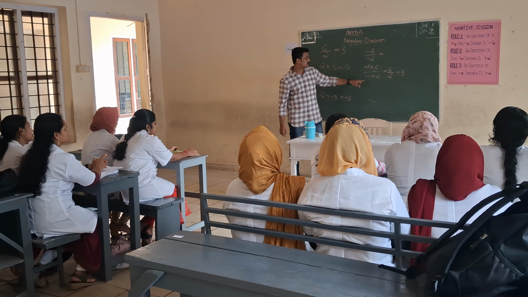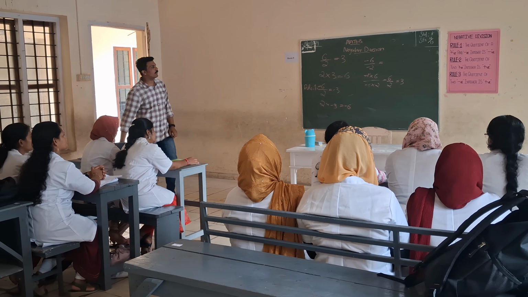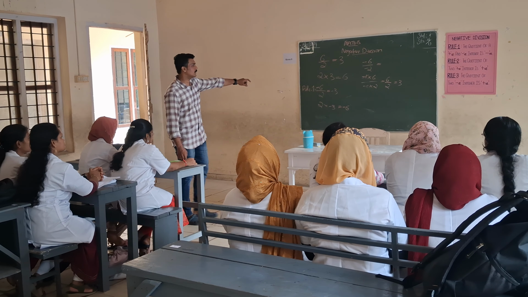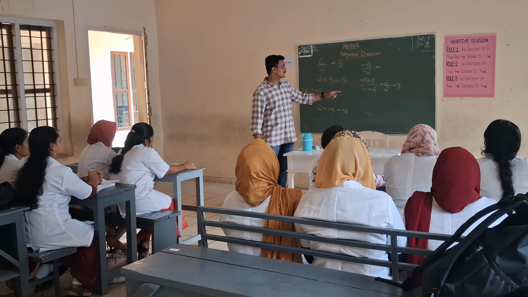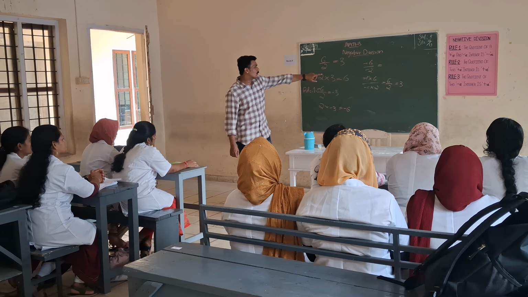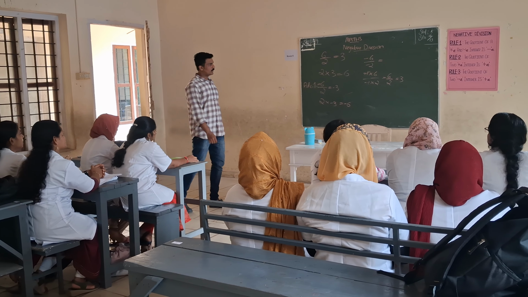So this is what negative division means. Rule 2 states that the quotient of two negative integers is positive, and rule 3 states that the quotient of two positive integers is always positive.